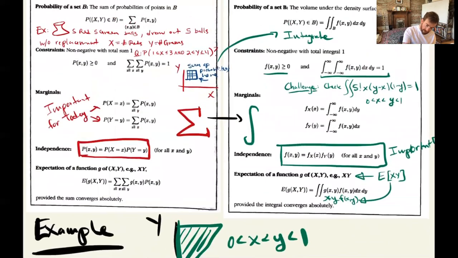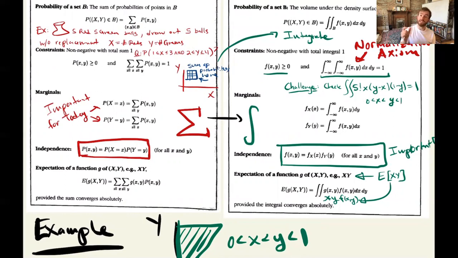Again, this right here being the normalization axiom: that summing up all the probabilities or integrating all the probabilities has to give you a total of 1.